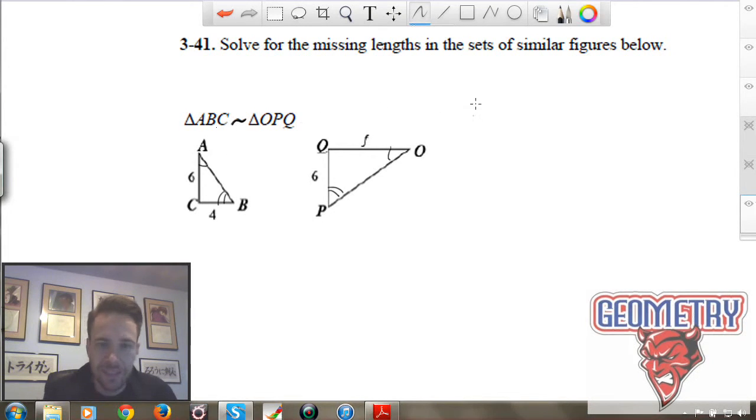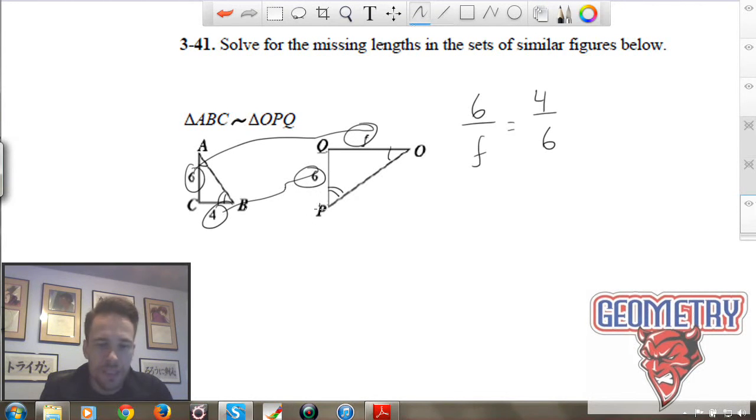So 6 in the one triangle is to F in the other triangle, and then it looks like CB matches up with PQ, so as 4 is to 6. Right? So 6 is to F, as 4 is to 6.